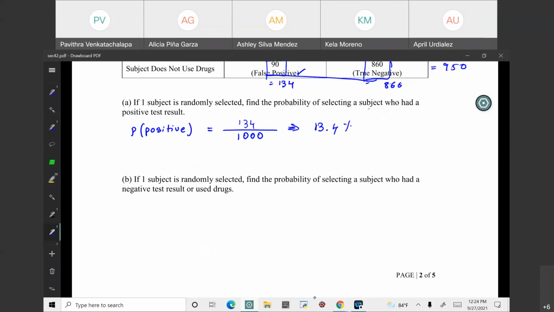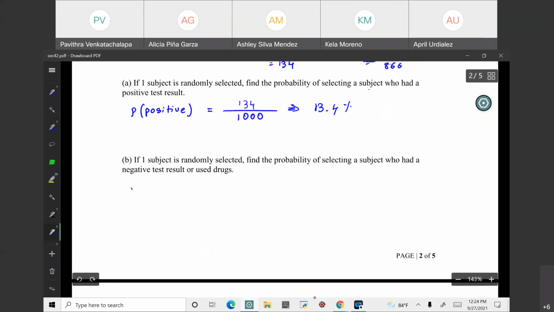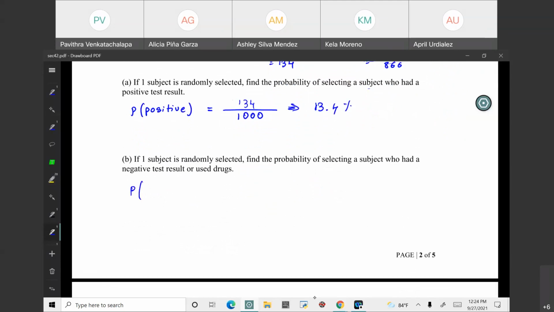Now answer this question. They are saying the probability of a subject who has a negative result, so I can say negative result, or drugs.